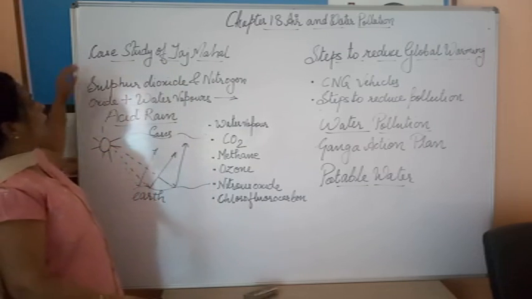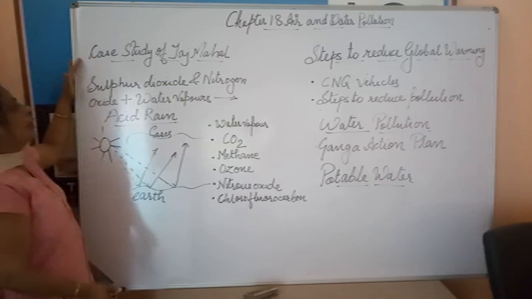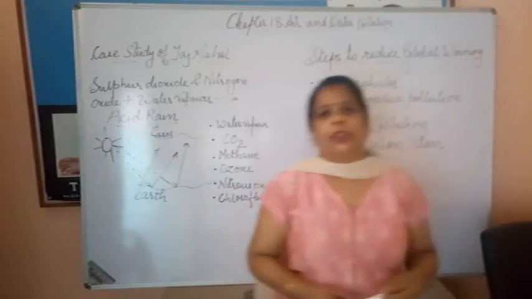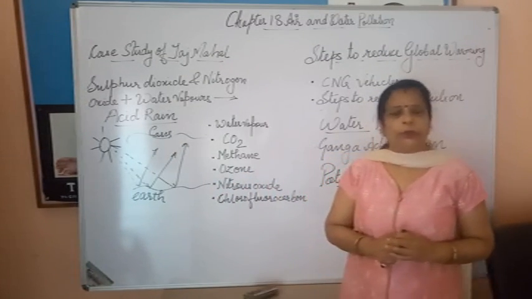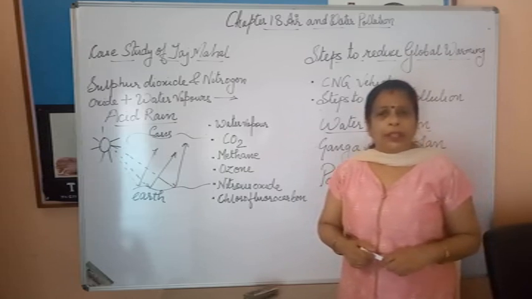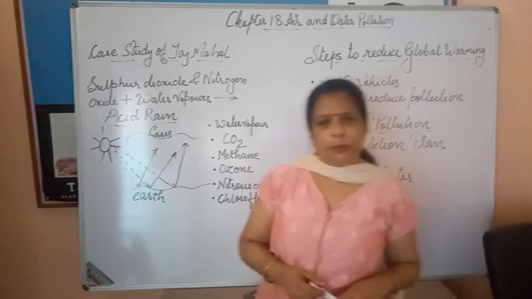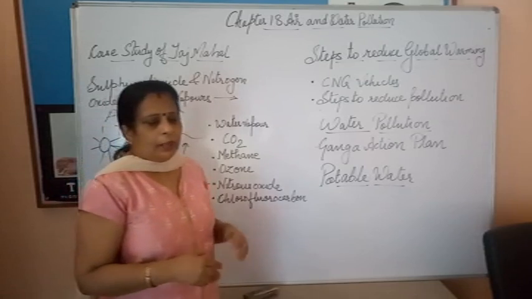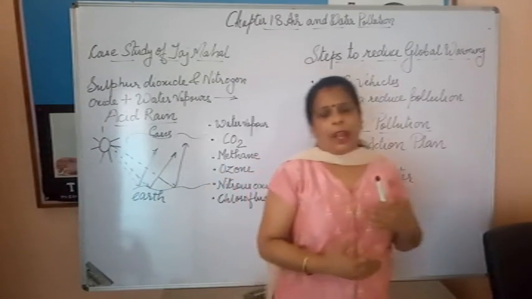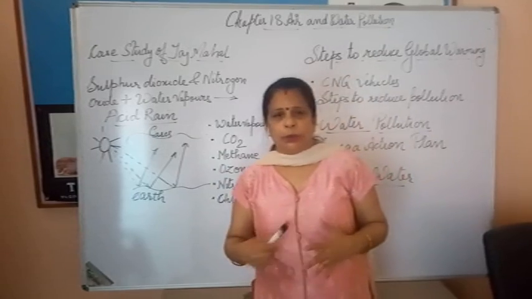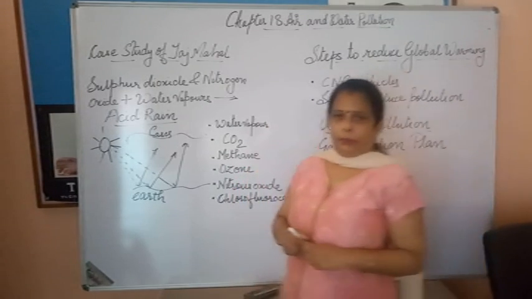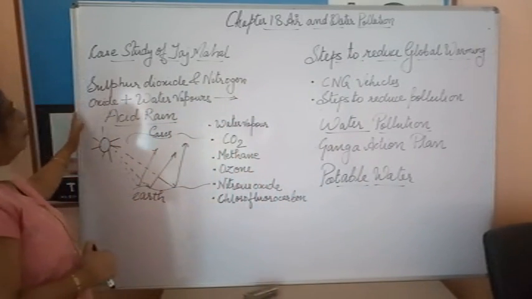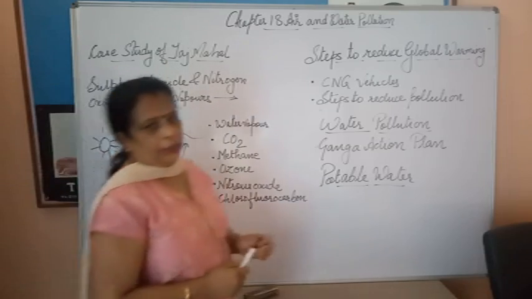Okay. So the first topic we are going to deal with is the case study of the Taj Mahal. Everybody knows where the Taj Mahal is. It is in Agra. So you may know that there are many factories of leather, automobiles and other products near Agra, and whatever is emitted through them, the smoke, the dust and the particles, are a mixture of sulfur dioxide and nitrogen oxide.